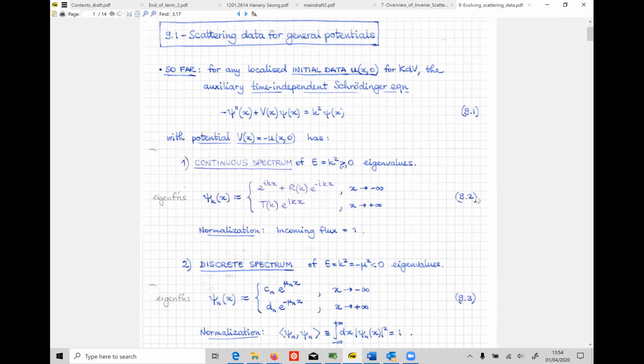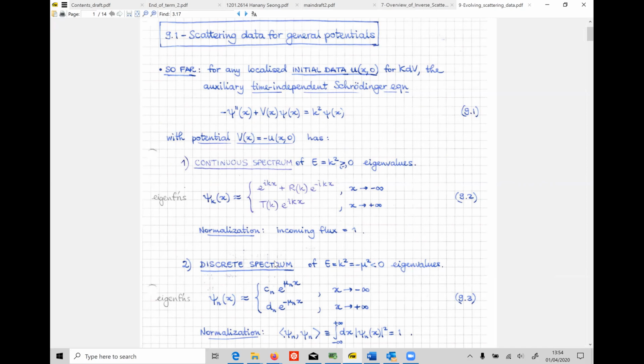Here in equation 9.2, I have a scattering solution which describes a unit flux of waves coming in from minus infinity, and then part of the waves are reflected back towards minus infinity, and part of the waves are transmitted through the potential towards plus infinity. That described the eigenfunctions for the continuous part of the spectrum.